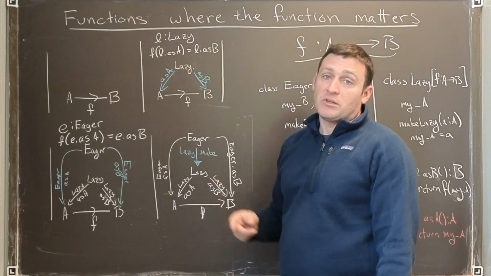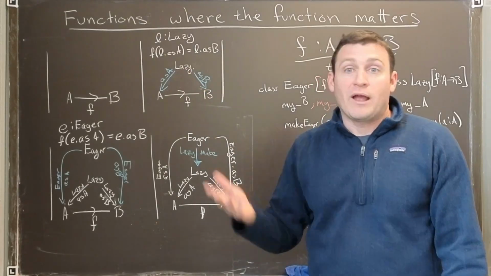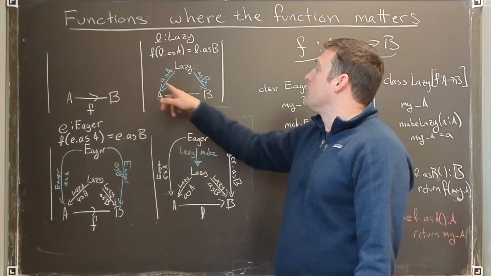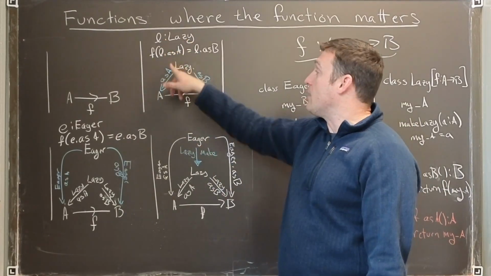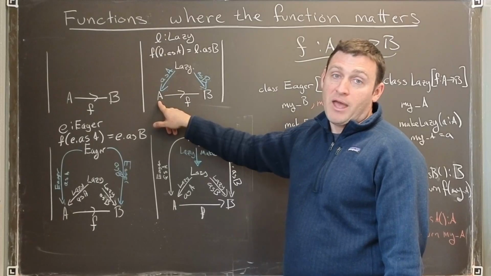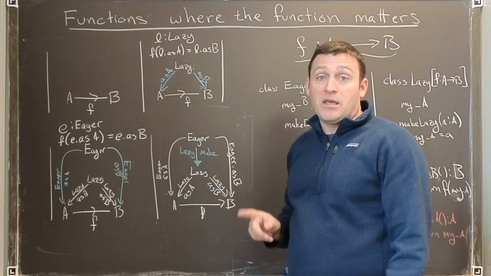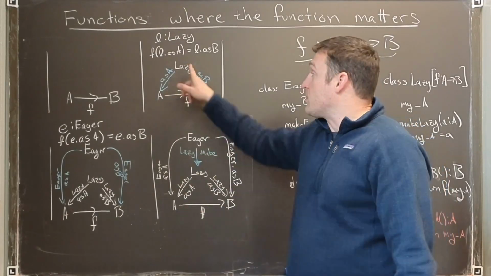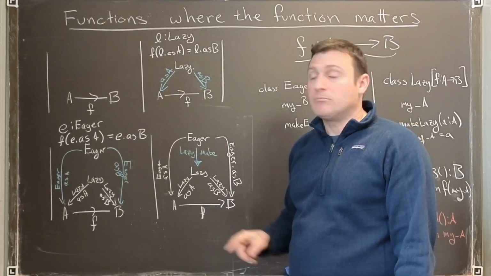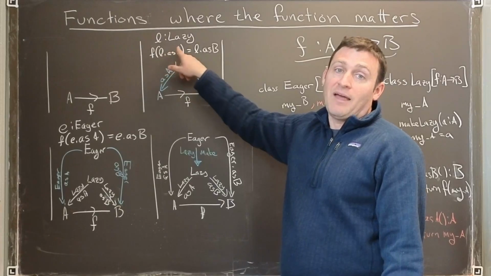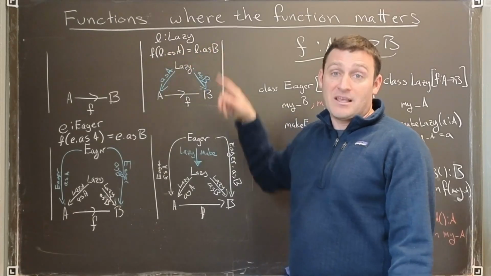I'm calling this one lazy, but it could have been eager or any other intermediate type as well. What it does is if there's ever data of that type, then I can get out of it something from A or out of it something from B. But the rule of the commutative diagram is that if I go this path, it should be the same as that path. Set in symbols, f of L as A is equal to L as B.